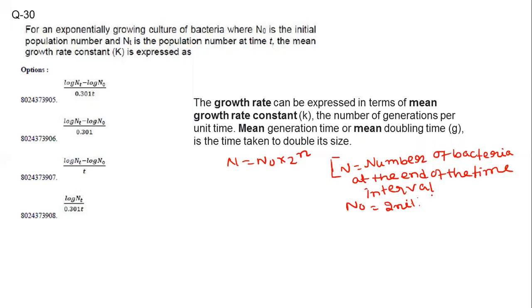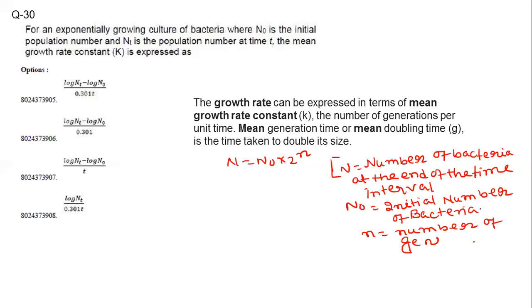that is, the initial number of bacteria. And small n is the number of generations, that is, the number of times the cell population doubles during the time interval. So N equals N0 into 2 to the power n.